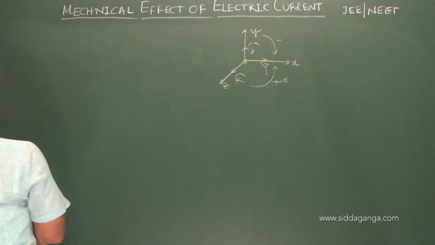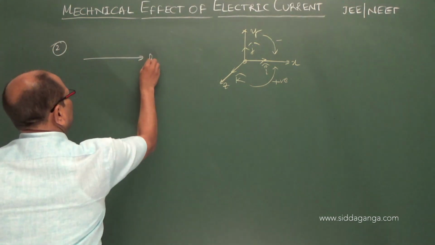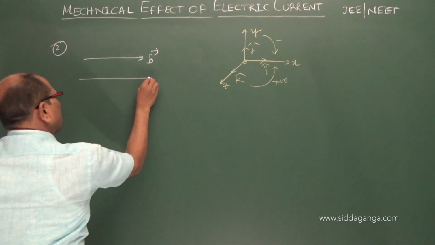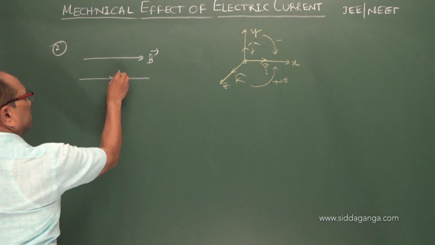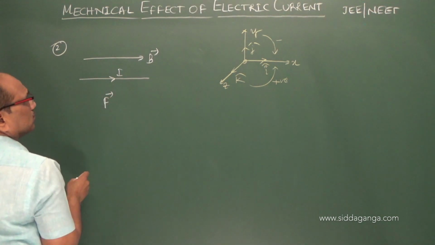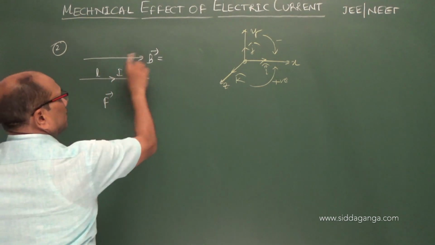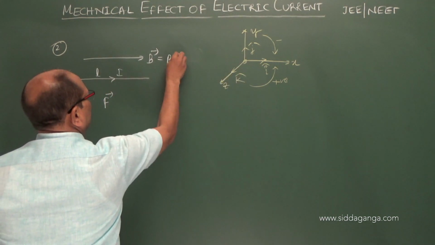So let us take an example. Second, B is in this direction and the current is in the same direction I. What is the force? If it is of length L along the x-axis, I can write B as BI.